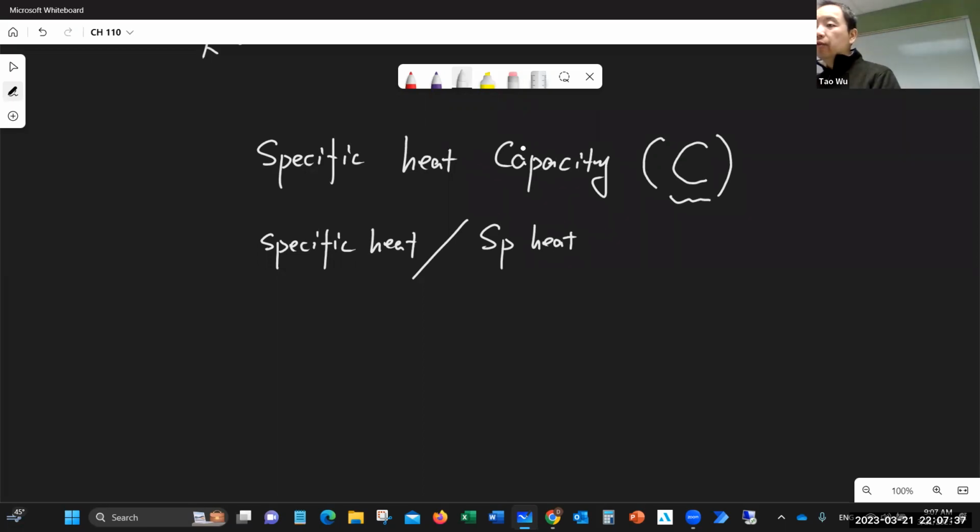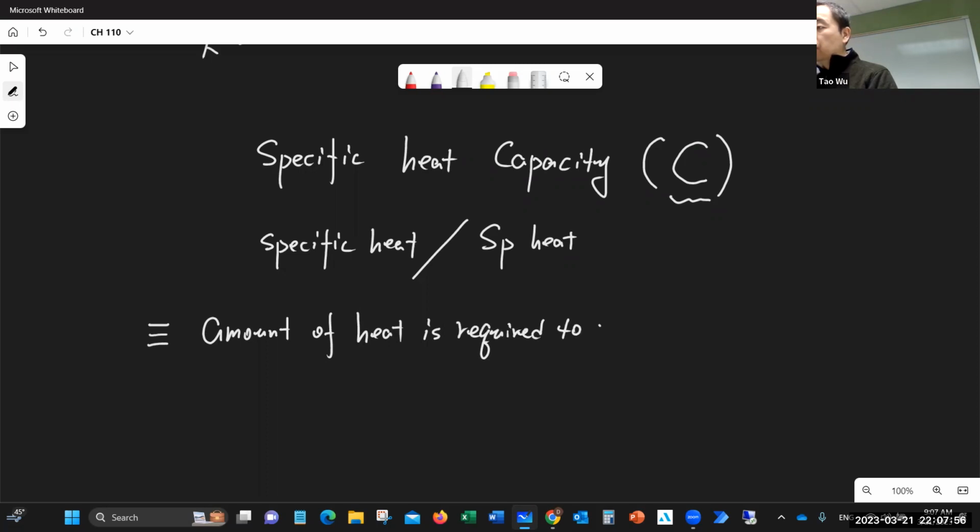So what is the definition for the specific heat? The definition is just the amount of heat required to raise 1 gram of an object by 1 Celsius or 1 Kelvin.